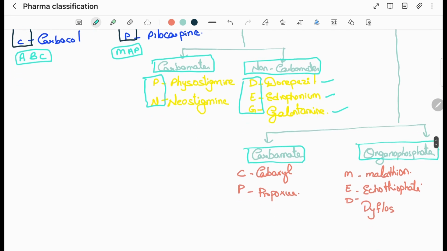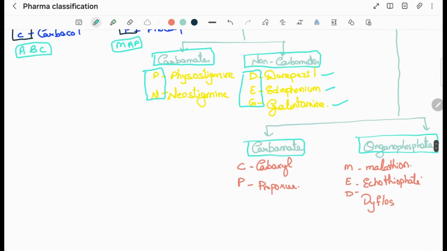These carbamates of the irreversible are of two types, CP. PC means personal computer. You can remember it like that. Propoxur and carbaryl, and MED. Organophosphates like malathion, echothiophate and diflos.